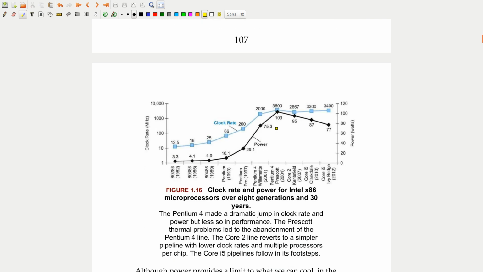Here we see a very interesting trend. Along with Moore's Law scaling, we see scaling with clock rate, a fairly gradual increase. However, we see this big spike in power.